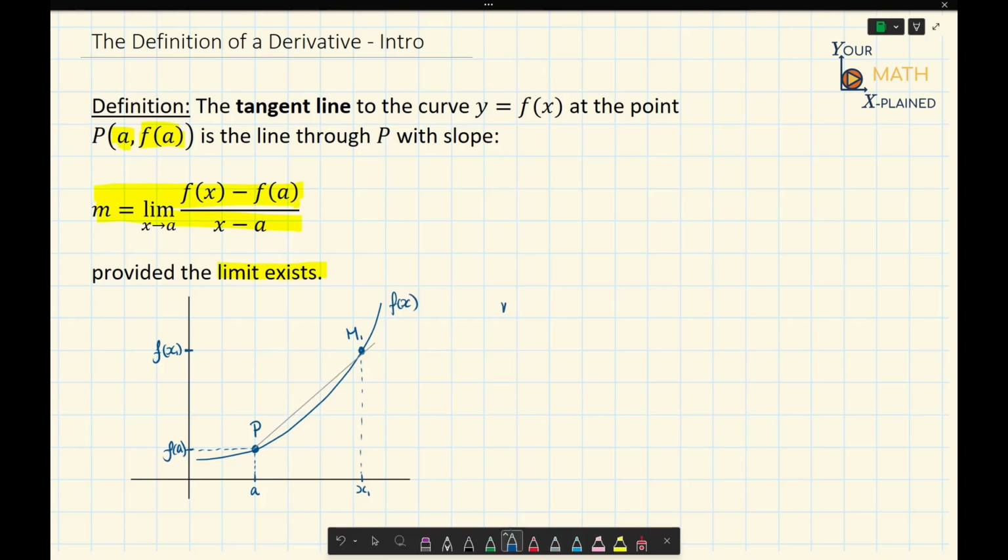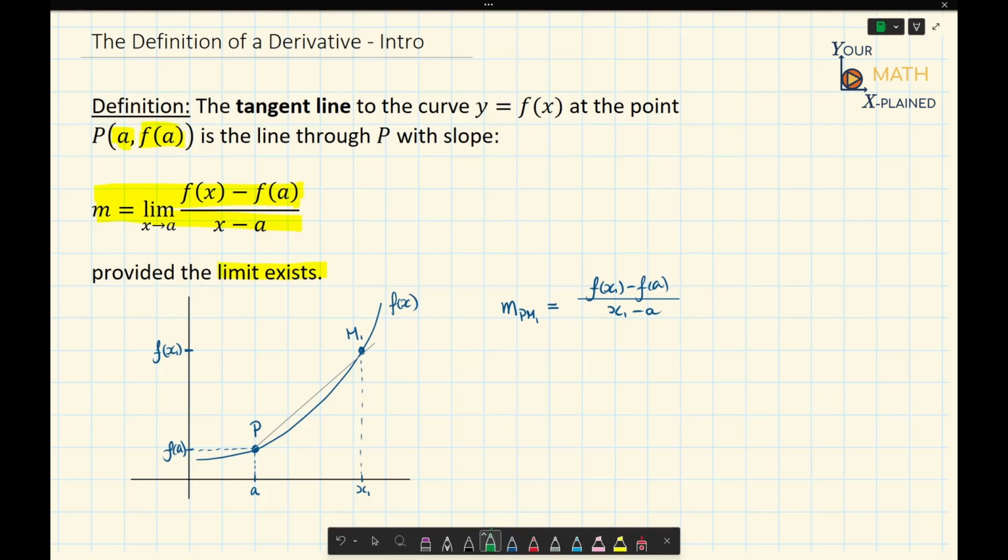So we're going to call that slope m sub P M1. So we know that the slope between 2 points would be the difference in y value over the difference in x value. So that's going to give us f of x sub 1 minus f of a over x1 minus a. Now what happens if we bring that second point closer?